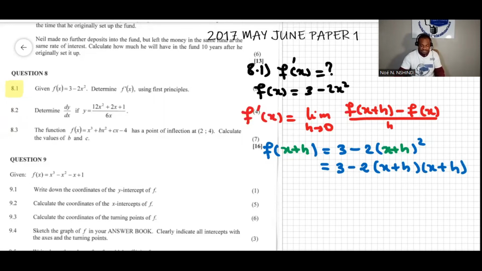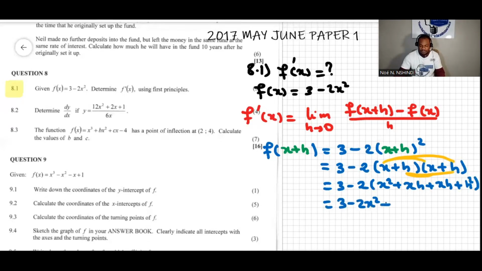Now we're going to expand this again. We do x times x, x times h, h times x, h times h. So this will become 3 minus 2, open bracket, x times x makes x squared, x times h makes xh, h times x will be xh, and then h times h makes h squared. Let's simplify further.